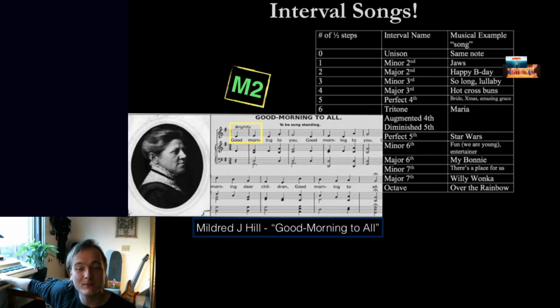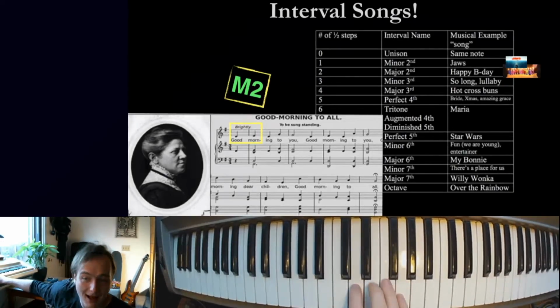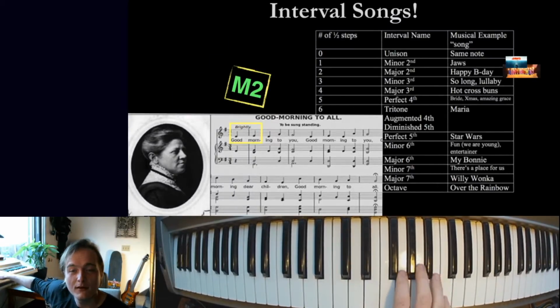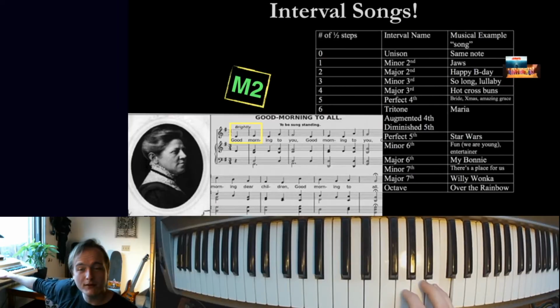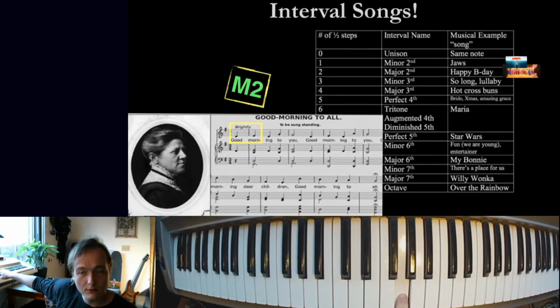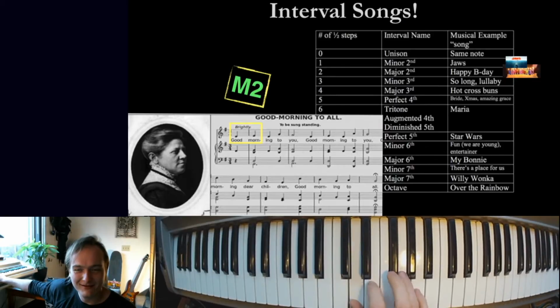This piece not only begins with a major second, "good morning to" or "happy birthday", but it also ends with a major second. Happy birthday to you. It starts with a major second between scale degrees 5 and 6, and it ends with scale degrees 2 to 1, a major second, which is also in the opening.